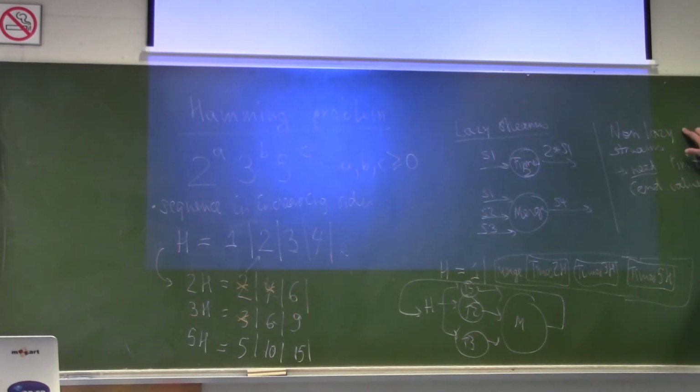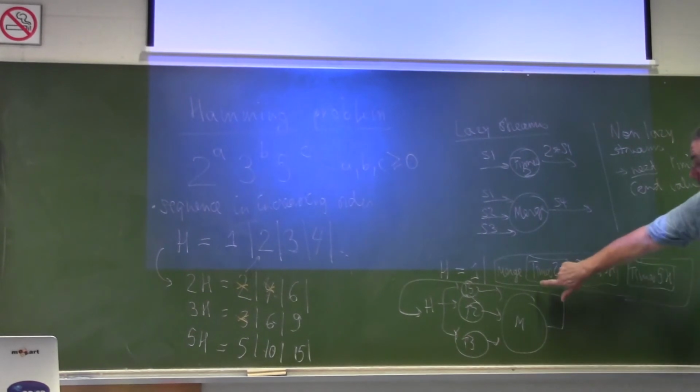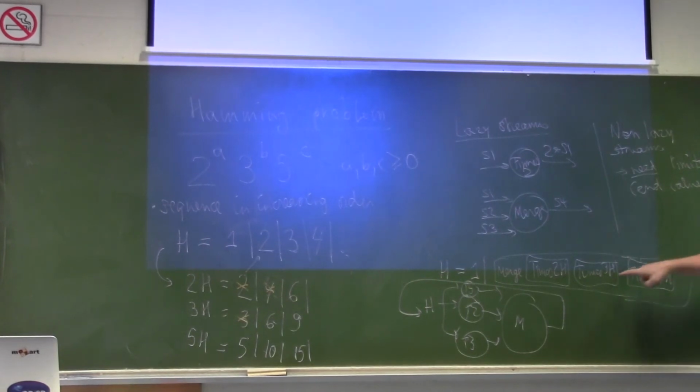So if I do non-lazy streams in times 2H, I need to tell how many elements I need to do there. But that's not so easy to find, okay? Because for 2H, I need maybe fewer elements in 5 than in 2. And as the H is growing, then maybe I need to change the limits. So this is actually very hard to program, the limits, okay?